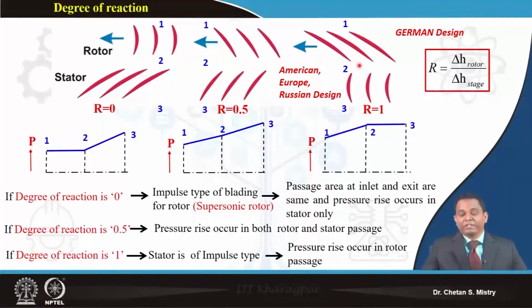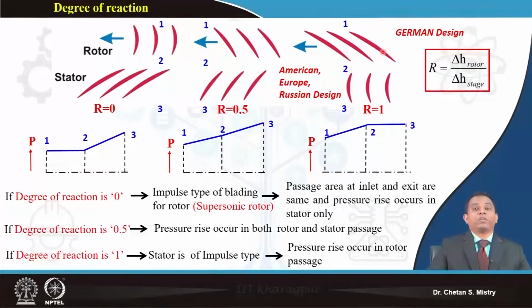Now here it is written that most of the German designs during the Second World War, when people were developing engines, were preferring to go with a configuration with the degree of reaction to be 100%. So most German designs for axial flow compressors have degree of reaction of 100%, meaning the whole diffusion they are doing only in rotor.